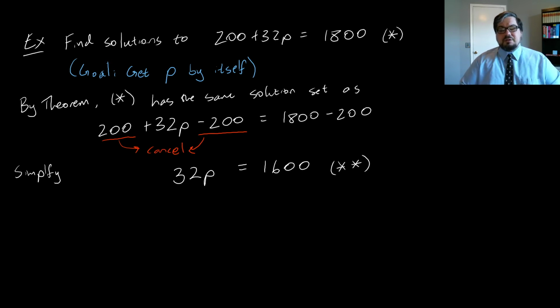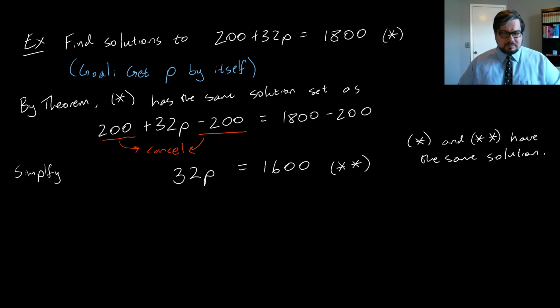I'm going to give this equation the name double star. So now, by the theorem that we have, equation star and equation double star have the same solution set, I should say.